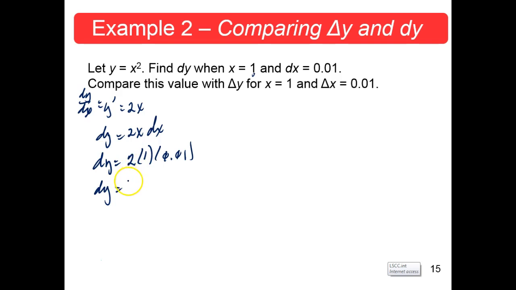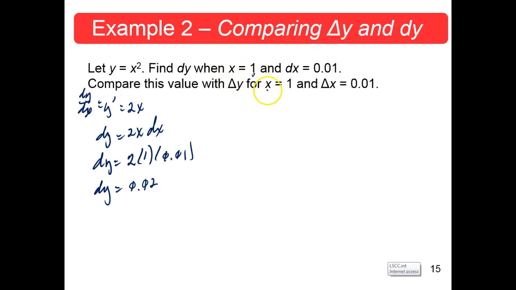Pretty easy math. What would it be? 2 times 0.01, so 0.02. Exactly.